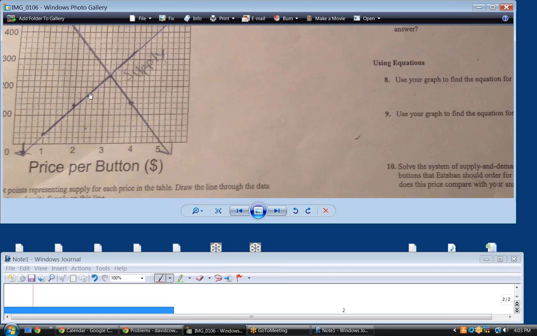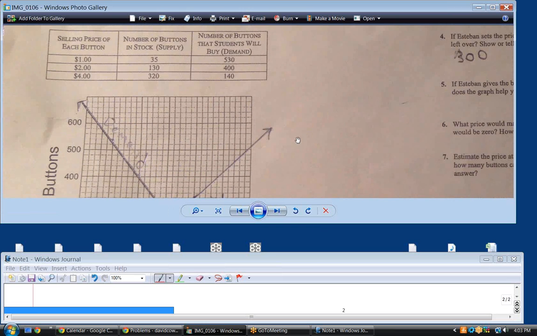And what's the slope? The slope is going to be the rise over the run. So we can pick any 2 points we want and figure out the rise over the run. If we take the points from the table, then let's go from $1 to $4 on the x-axis. And what happens to the supply?